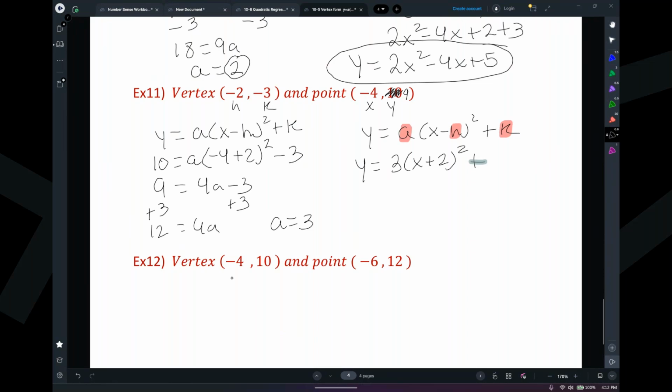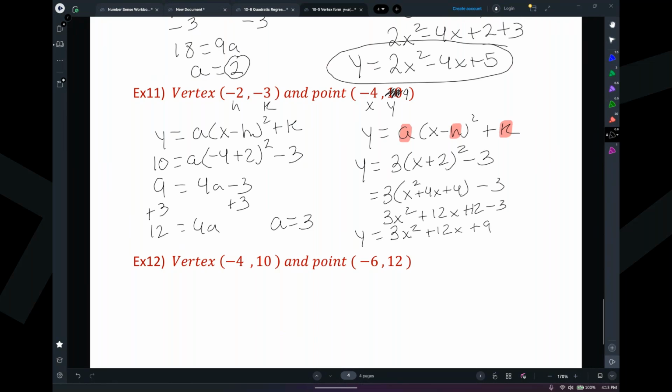And k is plus a negative 3, so minus 3. I'm just going to do this box method real quick. X squared plus 4x plus 4, minus 3. So that becomes 3x squared plus 12x plus 12 minus 3. So my final equation is y equals 3x squared plus 12x plus 9.